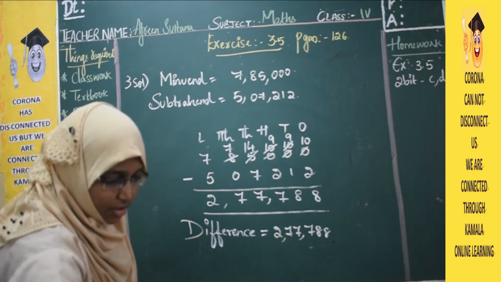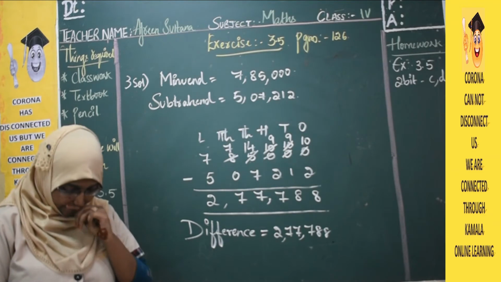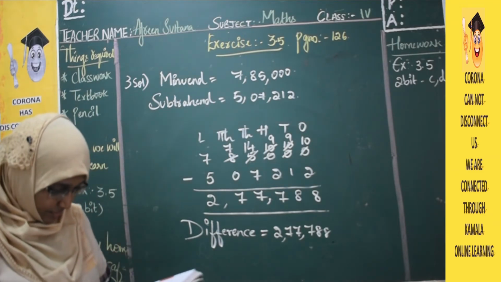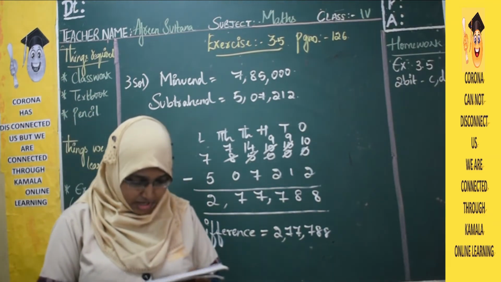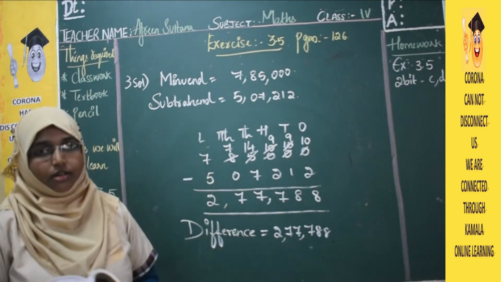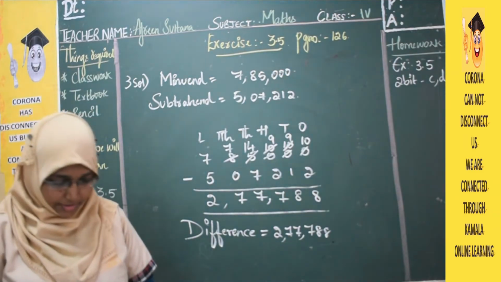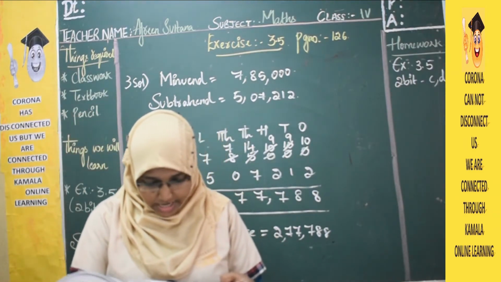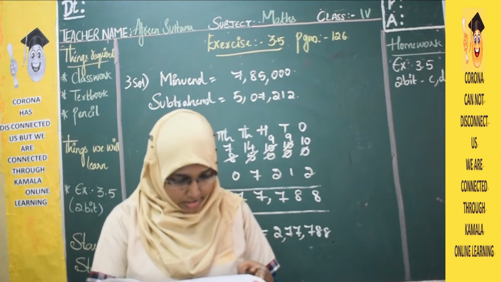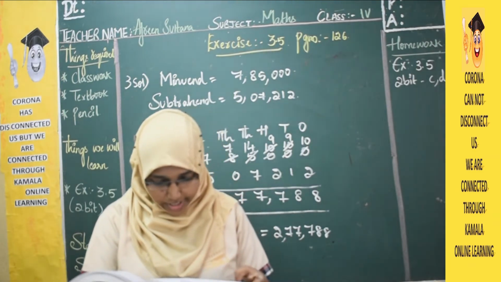Let's move with the next, the fourth one. I hope you have written this. Okay. See what is the question they have given here. The same way. Again, instead of numbers, they have given in words. We have to convert them in figures and then we'll find the difference. Find the difference between 6,43,367 and 6,04,207.